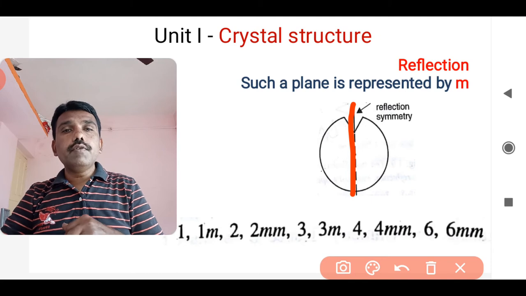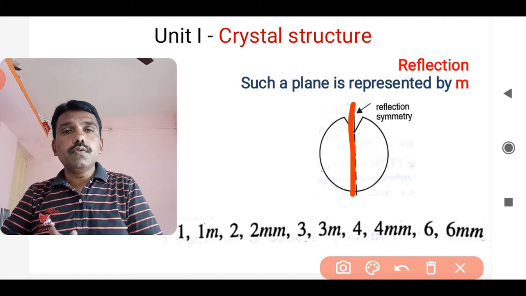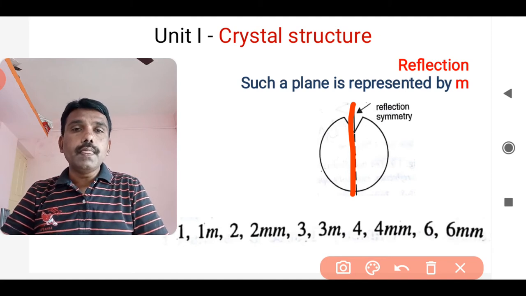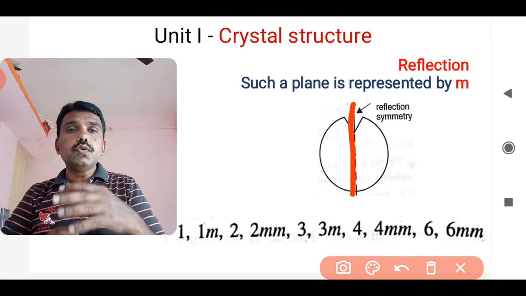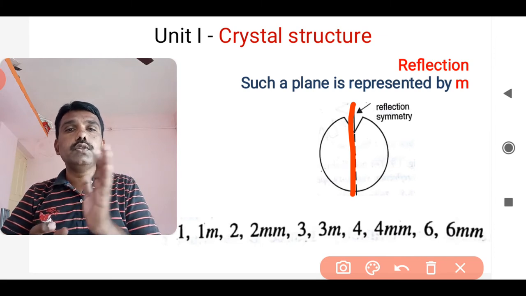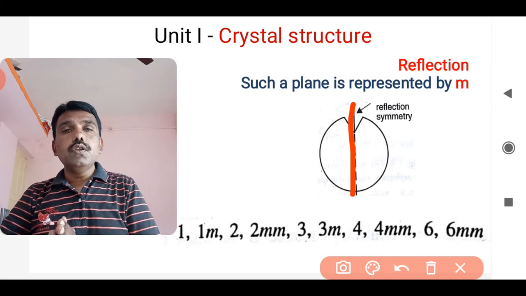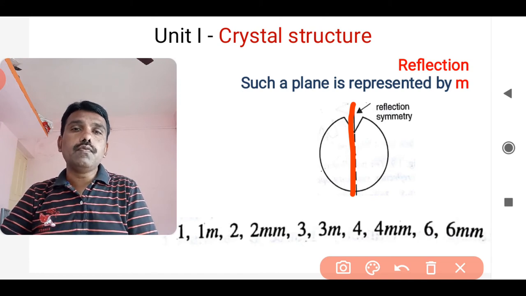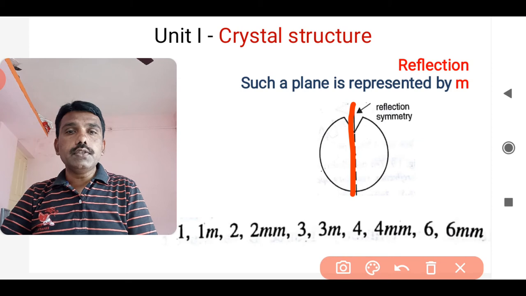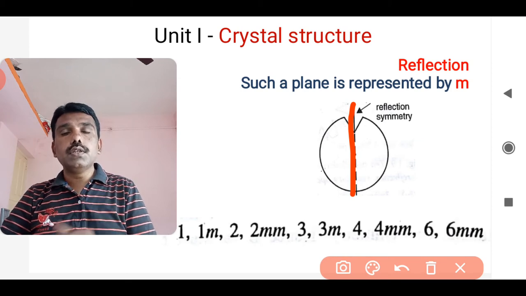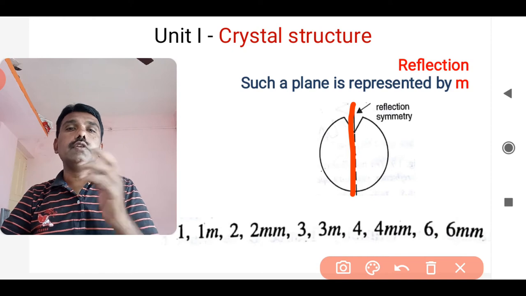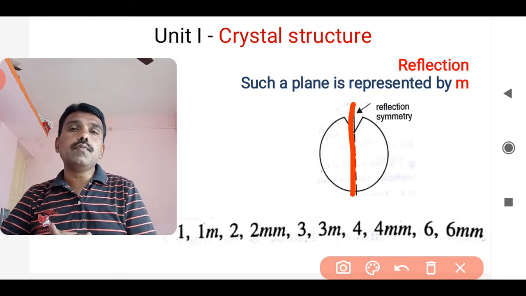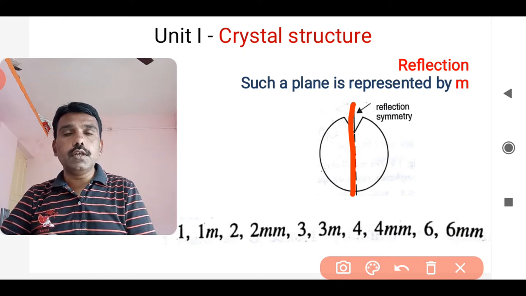As we are aware, in reflection either rotation is also there along with the reflection, where two equal halves are formed. Here the 10 point groups are the possible number in two dimensional lattices: rotation combined with reflection, a combination of symmetries.